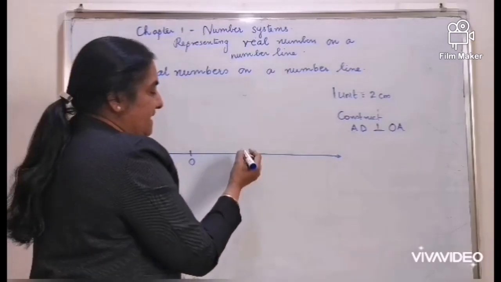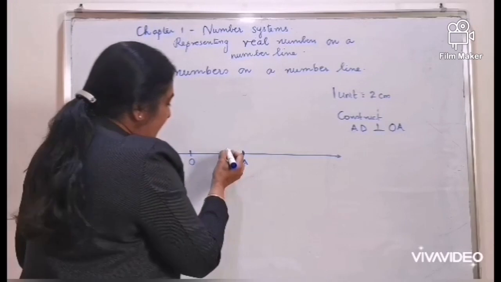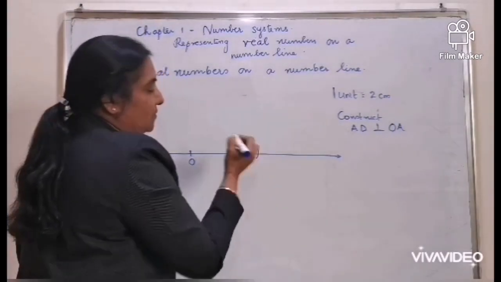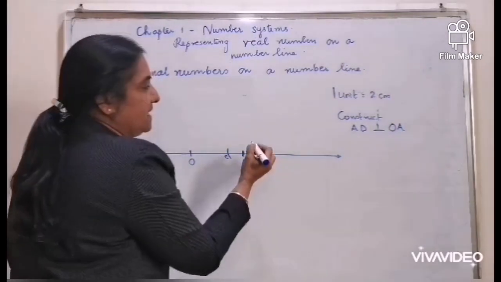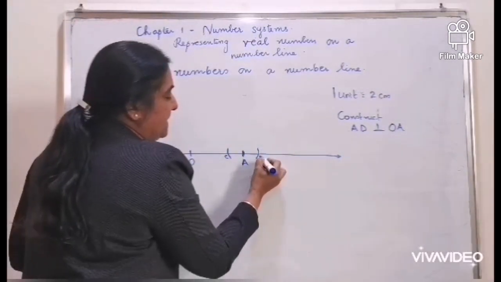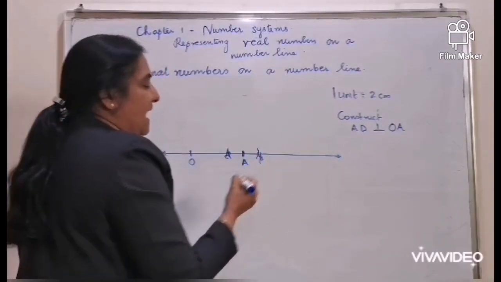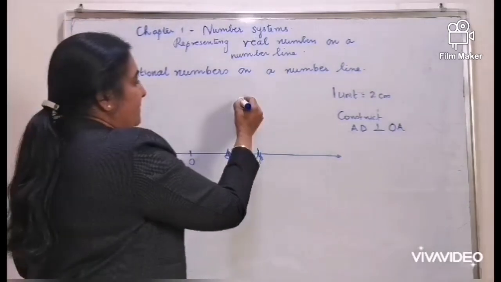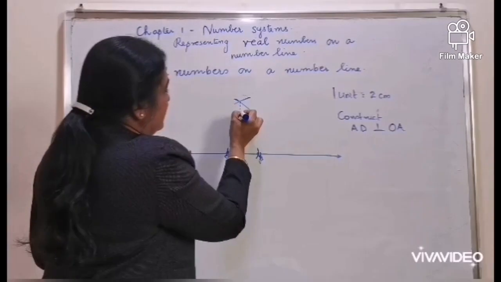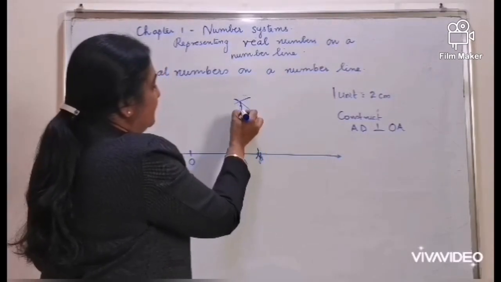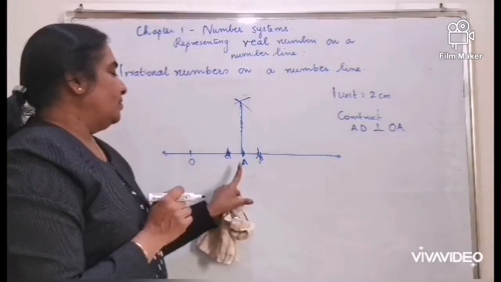How to construct AD: with A as center and an equal radius, you can cut 2 arcs, name them as C and B. With C and B as centers, the 2 arcs which you will be drawing will meet, and this length you are getting will be exactly perpendicular to OA.